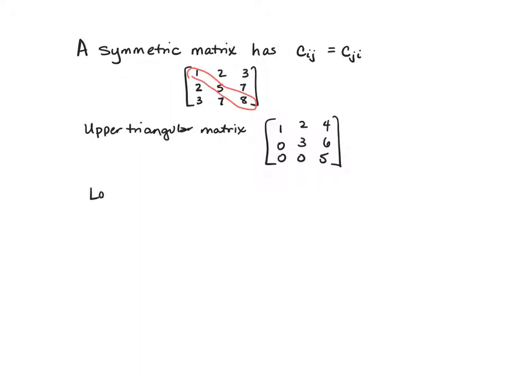A lower triangular matrix would be the reverse of this, again along the diagonal, and 0 elsewhere.